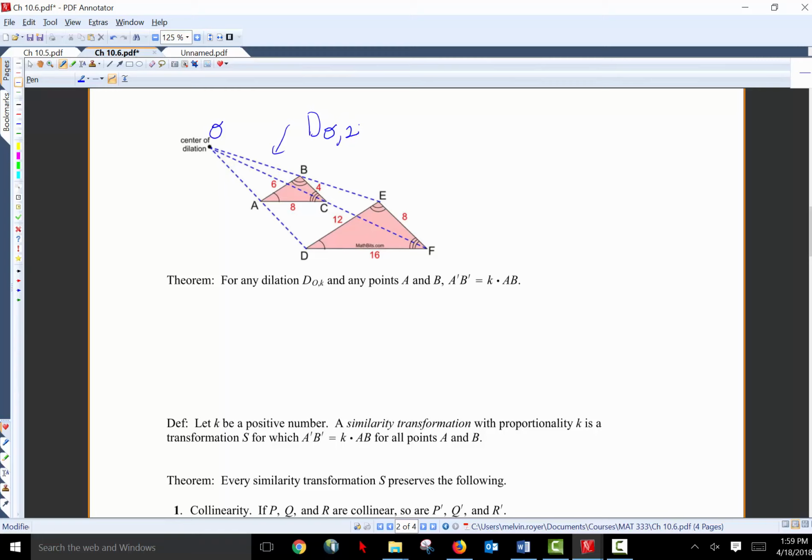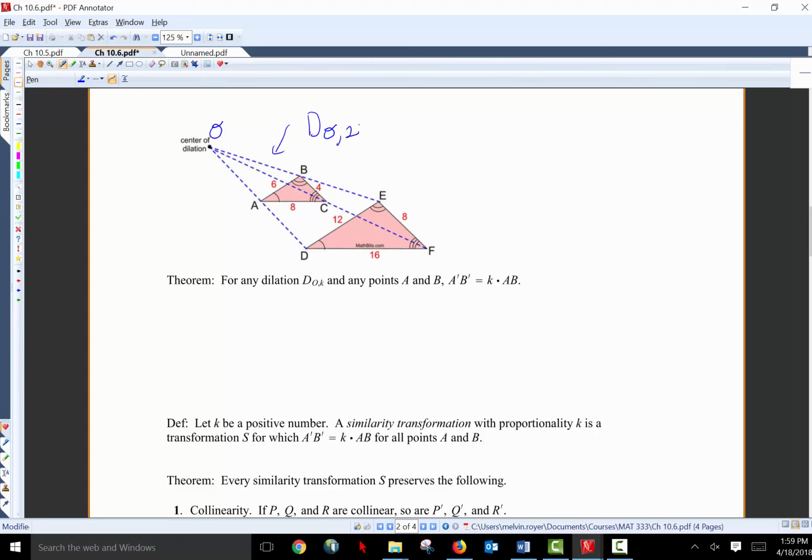So OE is 2 times OB, and OD is 2 times OA, and so on. So I see those distances between points and the origin doubling, but I see other distances. In fact, I see all distances doubling. AB is doubling from 6 to 12, and BC is doubling from 4 to 8, and so on.